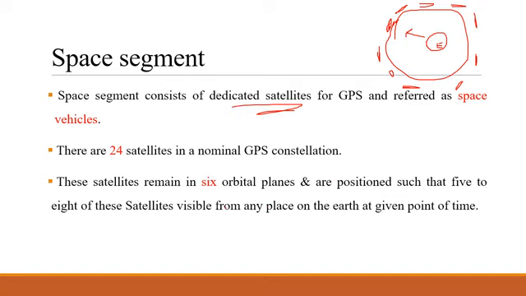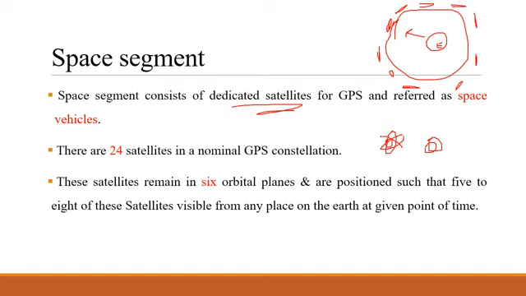This statement says that all the satellites which are revolving around the Earth are in 6 orbits. For example, this is the Earth, and this is orbit 1. This one is known as orbit 2.